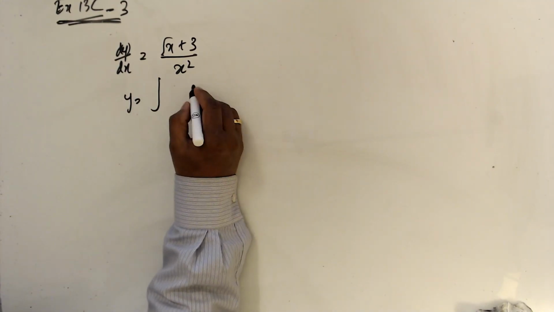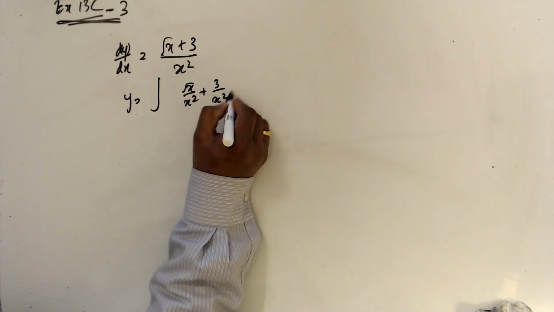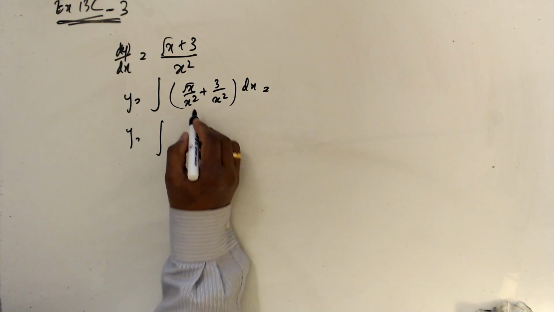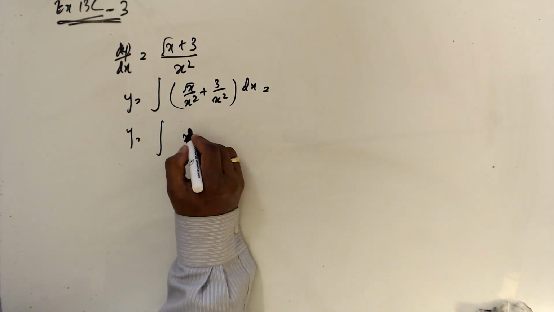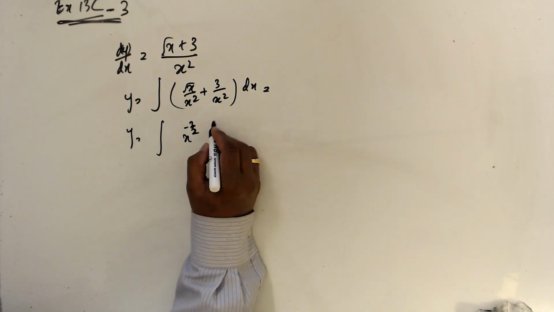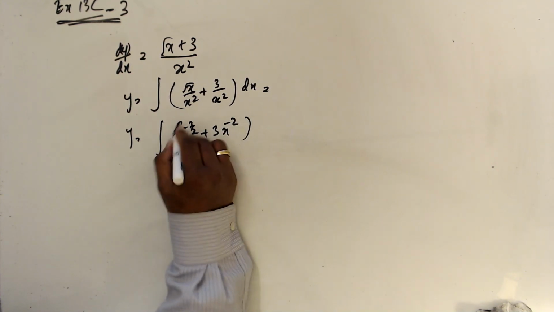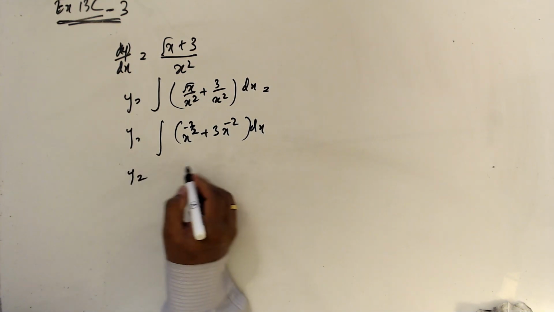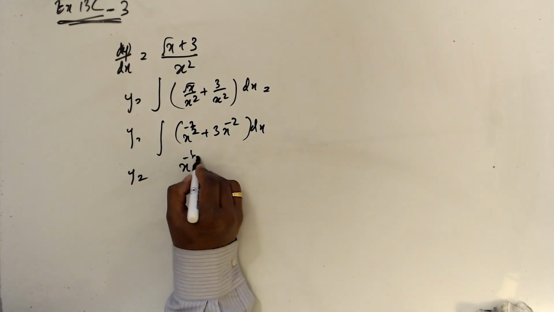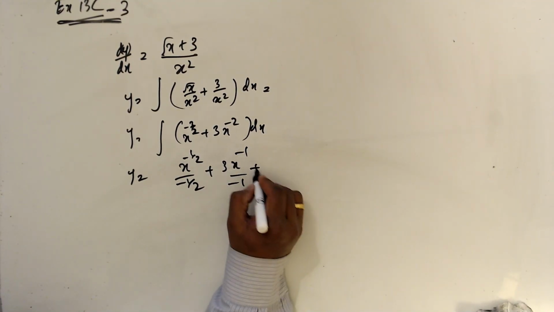Y equals the integral of x squared plus 3 over x squared dx. This is going to be y equals x^(-1/2) plus 3x^(-2) dx. Y equals x^(-1/2) over minus half plus 3x^(-1) over minus 1 plus c.